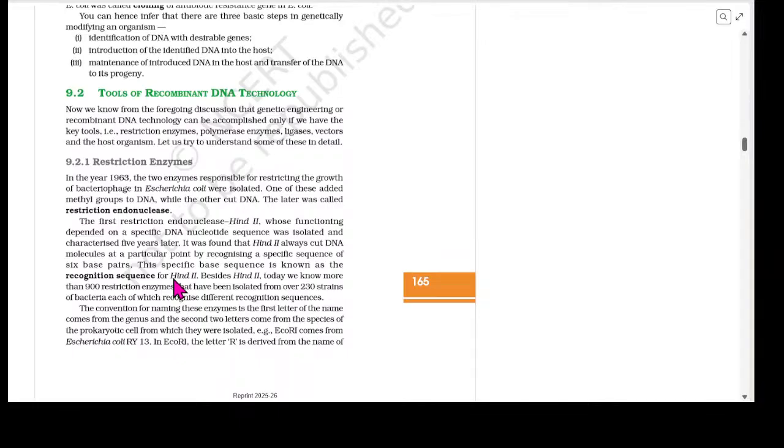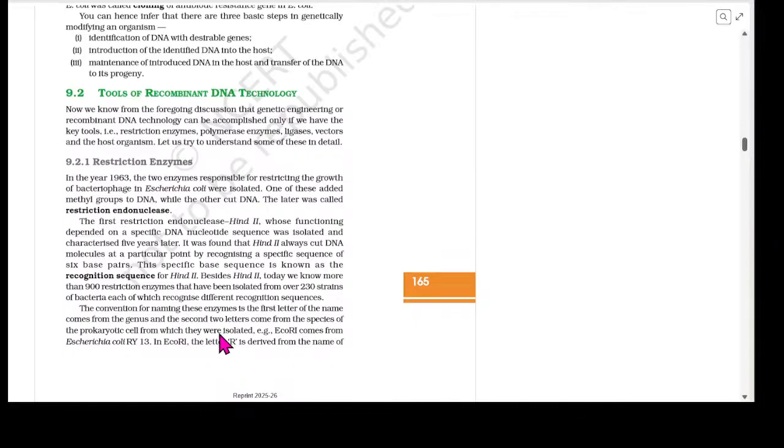Besides Hind II, today we know more than 900 restriction enzymes that have been isolated from over 230 strains of bacteria, each of which recognize different recognition sequences. The convention for naming these enzymes is the first letter of the name comes from the genus and the second two letters come from the species of the prokaryotic cell from which they are isolated.